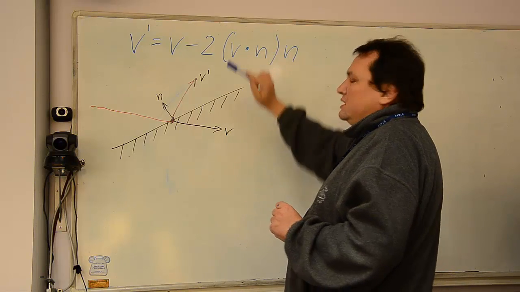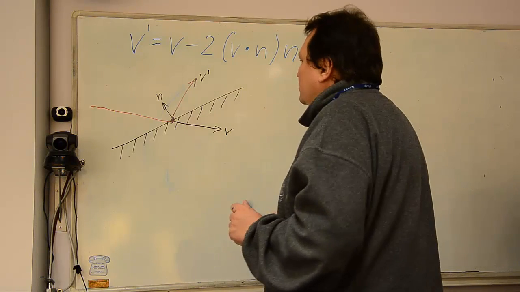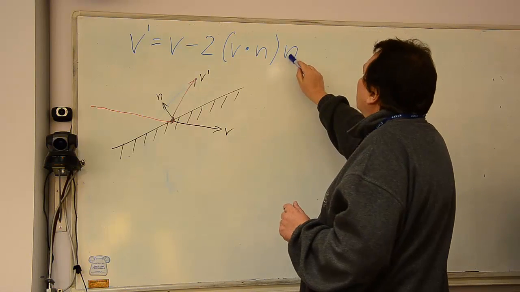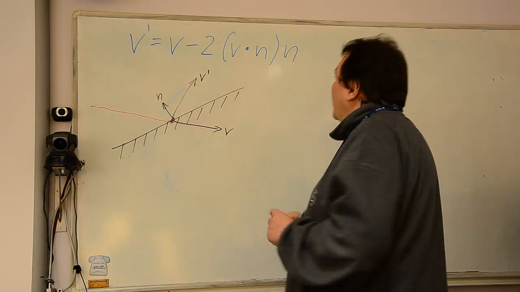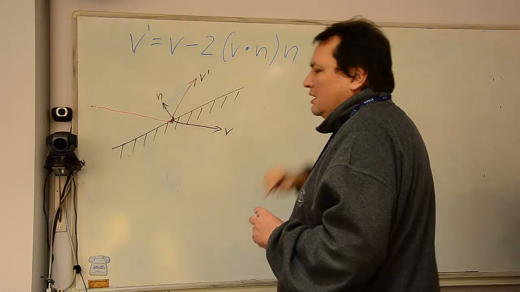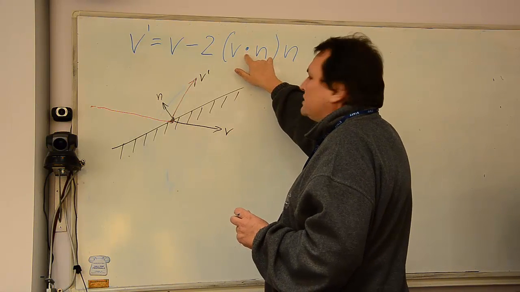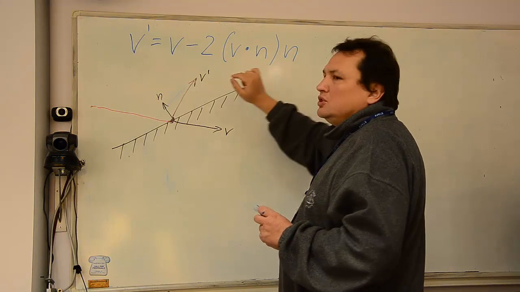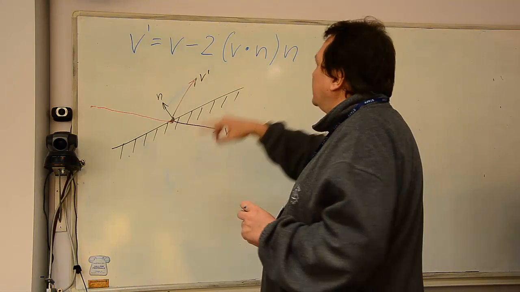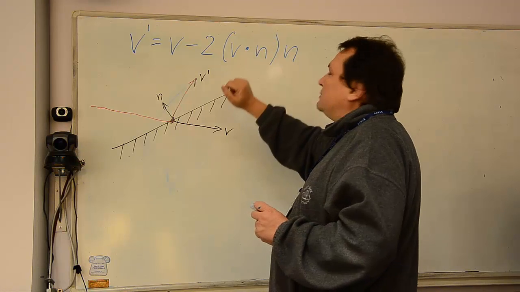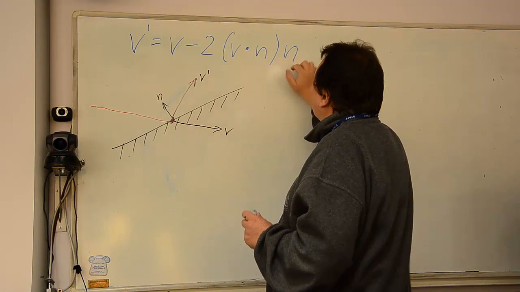V dot n is a number, so to make it a vector we need to multiply it by n once again. Please note that these two multiplications are quite different. This is the dot product, dot multiplication, and this is simply multiplication of a vector by a number.